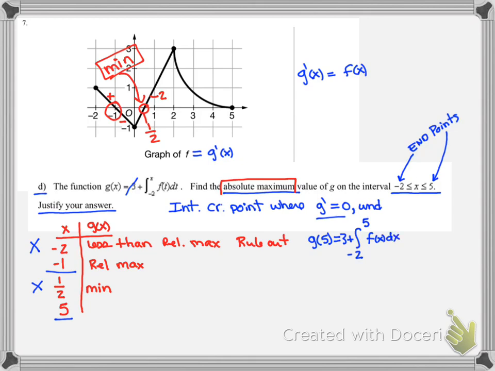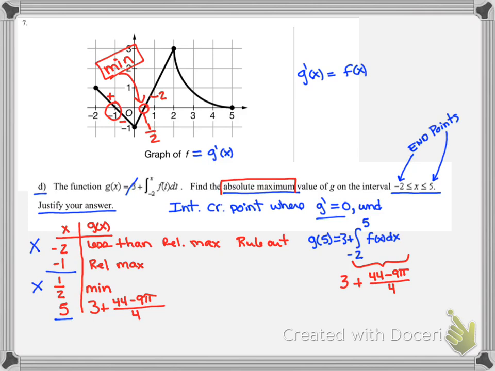And we found this area on an earlier problem. We found that unknown portion is 44 minus 9 pi all over 4. We can add 3 to that. That's what g of 5 is. 3 plus 44 minus 9 pi over 4.